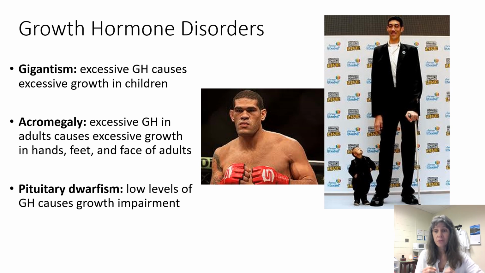And after growth plates close, if a person starts taking growth hormone and has it in excess, that can lead to a condition known as acromegaly, where we see excessive growth, specifically in the mandible of adults, the hands, and the feet. Normally, people who do bodybuilding, or sometimes you'll see this in sports like boxing, it's common in bodybuilders, they'll start taking growth hormone to help build their muscle, and there's side effects of that where they develop acromegaly.